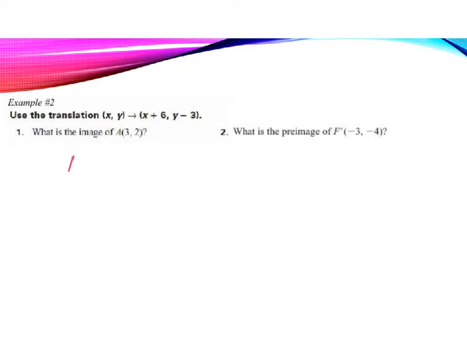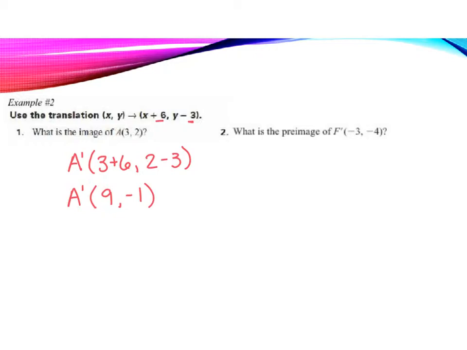So our A prime is going to be 3 plus 6, comma, 2 minus 3. And then add and subtract those values together, and you get 9, comma, negative 1. And you're done.